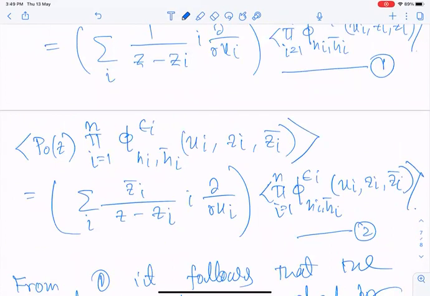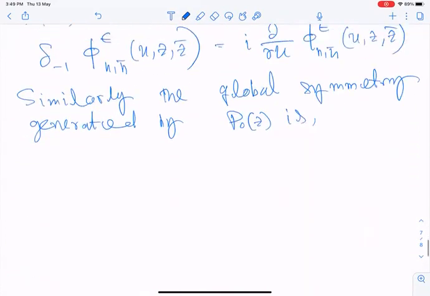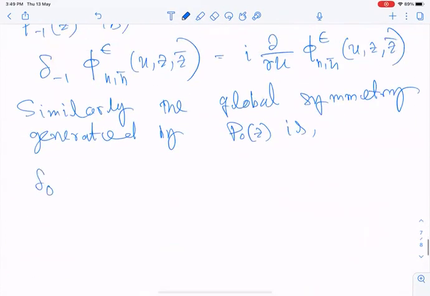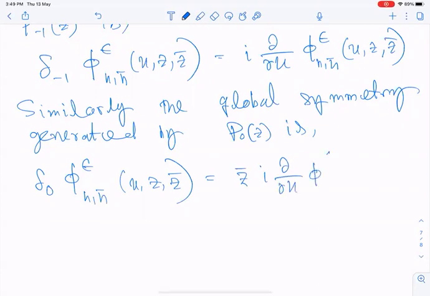So that is z_i bar times i del_u. So I can write delta_0 of phi_{epsilon}(u, z, z bar) as z bar i del_u phi_{epsilon}. So these are infinitesimal transformations.